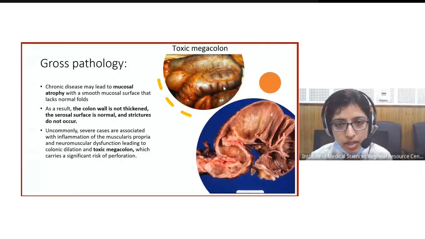And this carries a risk of perforation. So in Crohn's disease, it is the strictures and the ulcers which may extend deep and result in perforation. In ulcerative colitis, it is the thinning of the wall and this abnormal distension that carries the risk of perforation. So you see how much this bowel wall is distended.